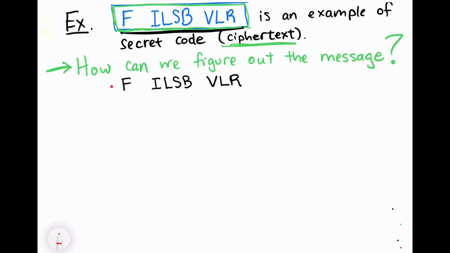For example, F, the next letter is G. If we had moved one letter later in the alphabet, we would have G. The letter after I is J. The letter after L is M. The letter after S is T. The letter after B is C. The letter after V is W. And then we have M. And then we have S. So this doesn't really look like anything.